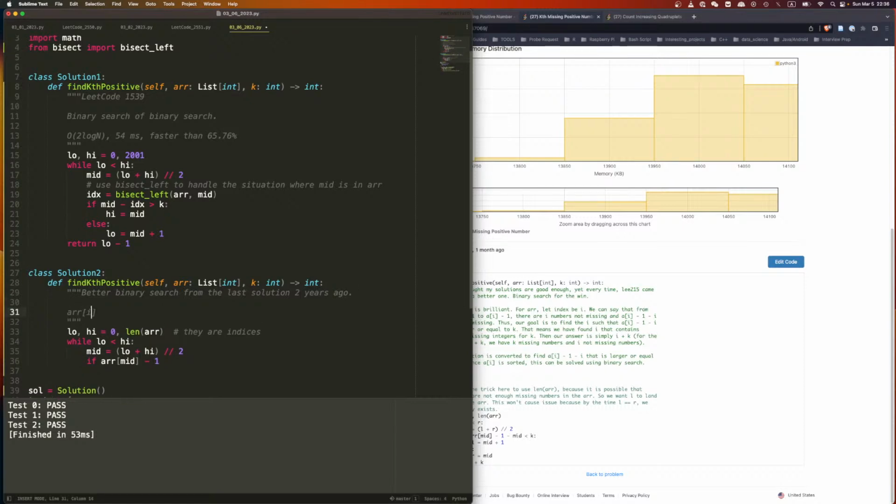So array I minus 1 is the number of positive integers from 1 to array I minus 1.